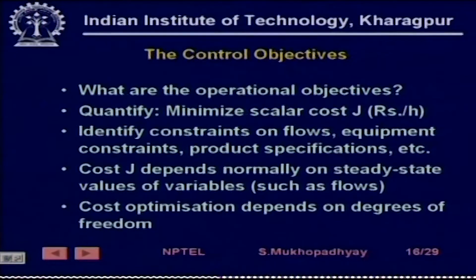Now, this cost optimization, to what extent it is possible, depends on the degrees of freedom. What are the degrees of freedom? It tries to answer this question: suppose this is the plant, these are the governing equations, these are the things which can be manipulated, and those are the things which cannot be manipulated, they are given to us, they are disturbances, some feed coming at some flow rate or some temperature, with no control on that.